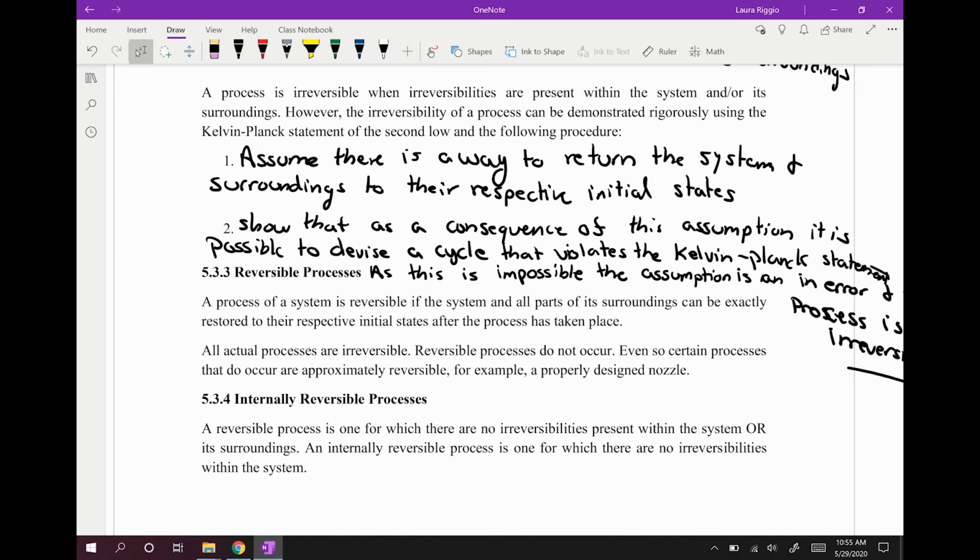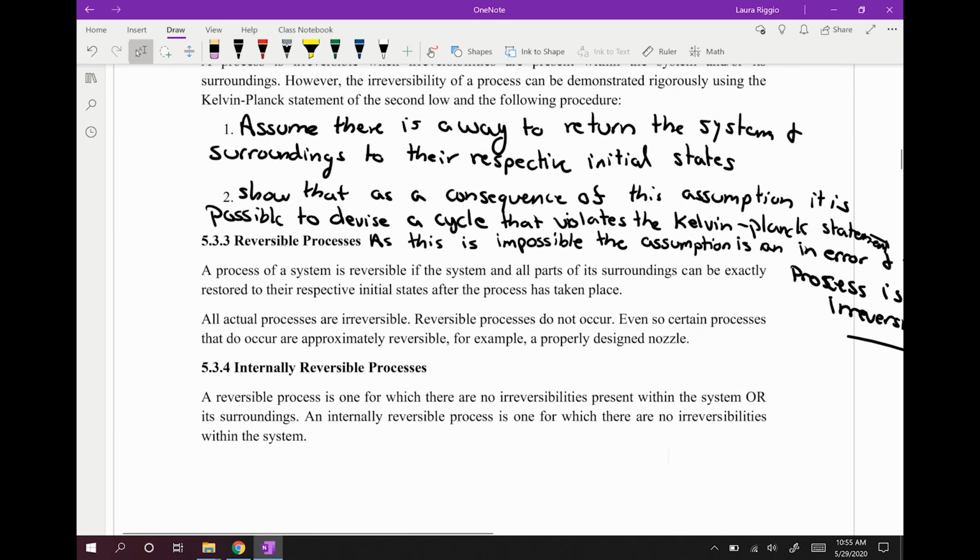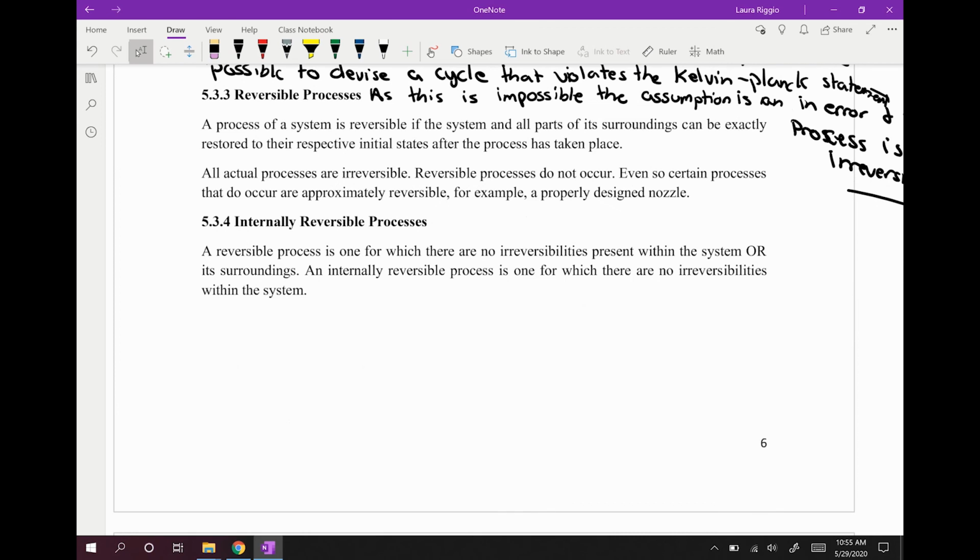The last class of processes we're going to look at are deemed internally reversible. A reversible process is one for which there are no irreversibilities present within the system or its surroundings. An internally reversible process is one for which there are no irreversibilities within the system.